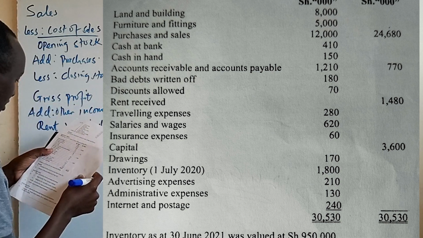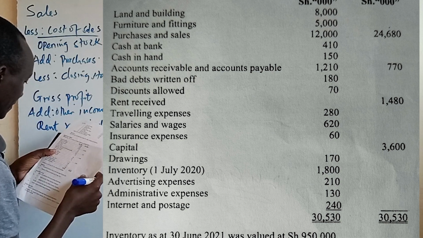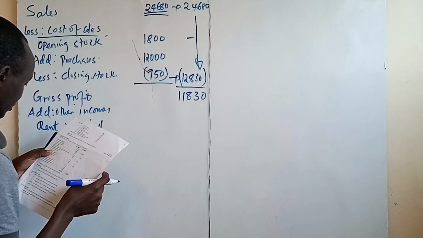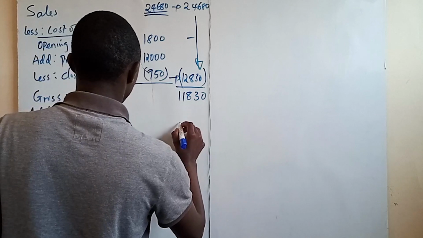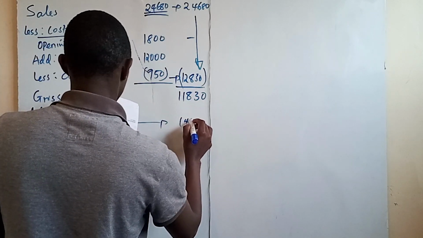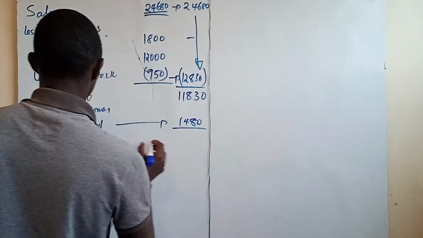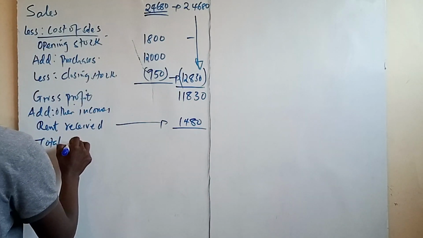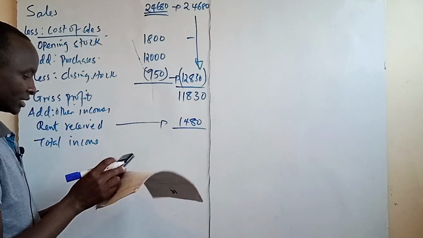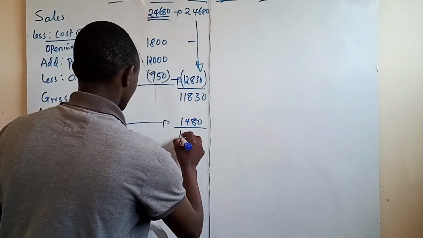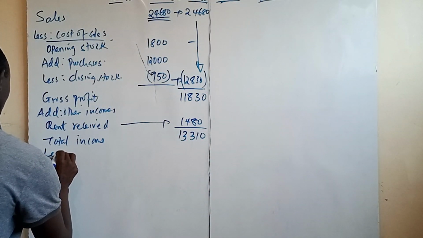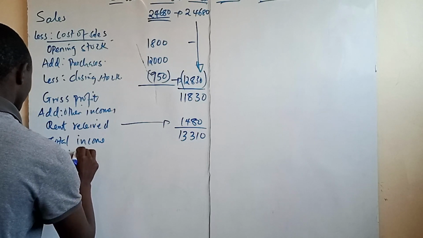I can see rent received of 1480, and we don't have any other income, so we are going to take it direct to this side. 1480, so that we get total income. Total income in our case is 13,310. Then from the total income we less our expenses.